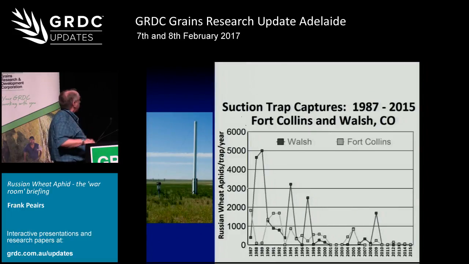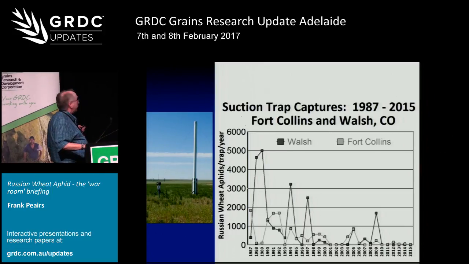We have followed aphid populations over the years using modified Rothamsted suction traps, and these are long-term average captures, and you can see that early, the first 10 or 15 years, we had significant numbers of aphids flying every year.